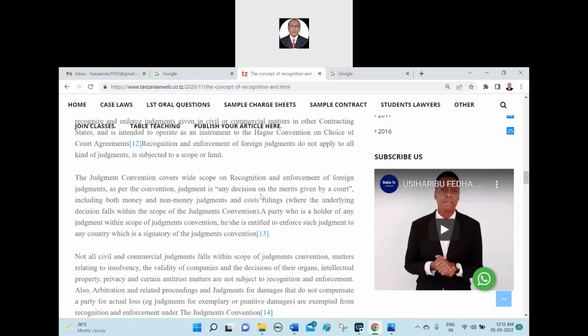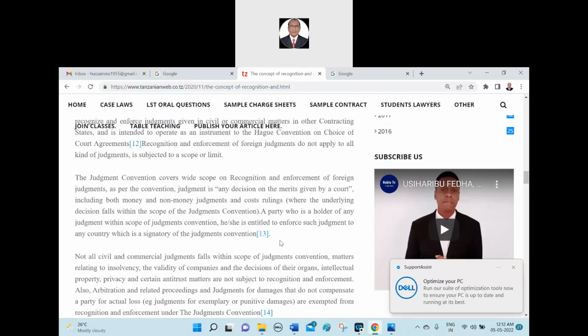Judgment is any decision on the merits given by the court, including both money and non-money. A party who is the holder of any judgment within the scope of the judgments convention is entitled to enforce such a judgment in any country which is a signatory of the convention.